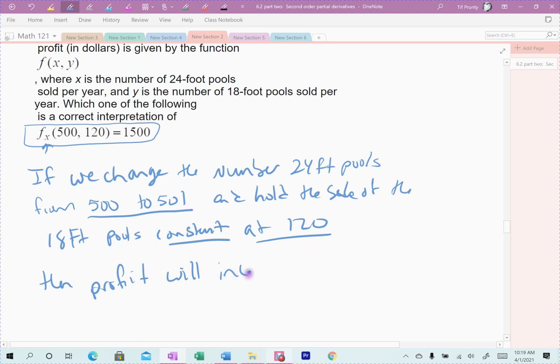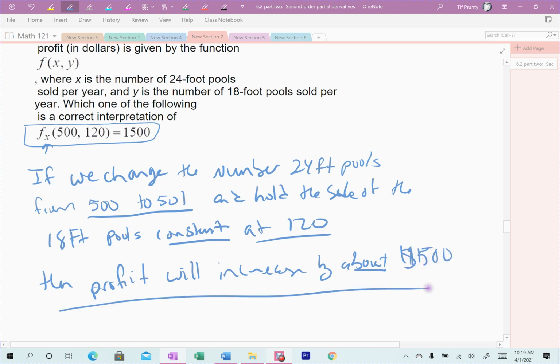Profit will increase by about, and again it is an approximate, $1,500. Alright, so those are the three pieces we're looking at. Again, the analysis part of these is just as important as the calc part, because usually you plug these in a program and you get the numbers spit out at you. Alright, so this is the numbers that came out.